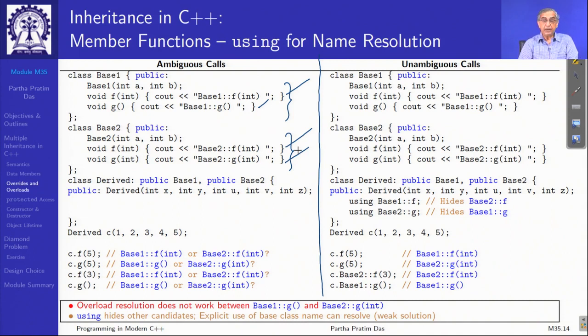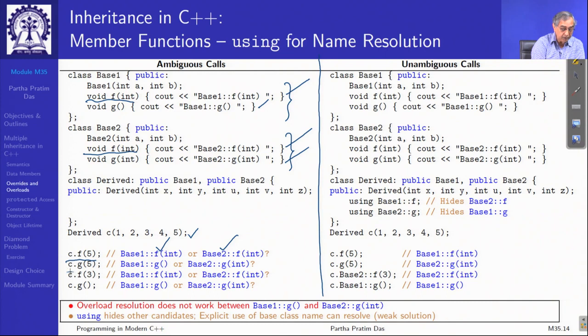Under this scenario, if I look at a derived class object which has inherited from here, I am not talking about any overloading, overriding, anything, just trying to look at the semantics of what you inherit. Now, if I do C.f, then the question is which function, Base1 f or Base2 f, which one am I talking of? We do not know. Both functions have been inherited in the derived. So, the compiler is confused.